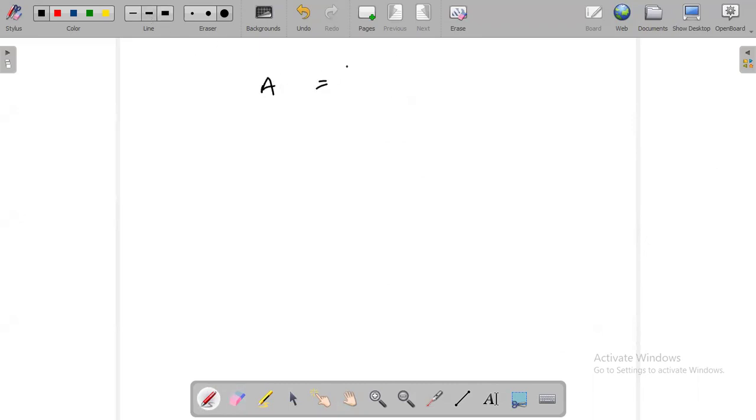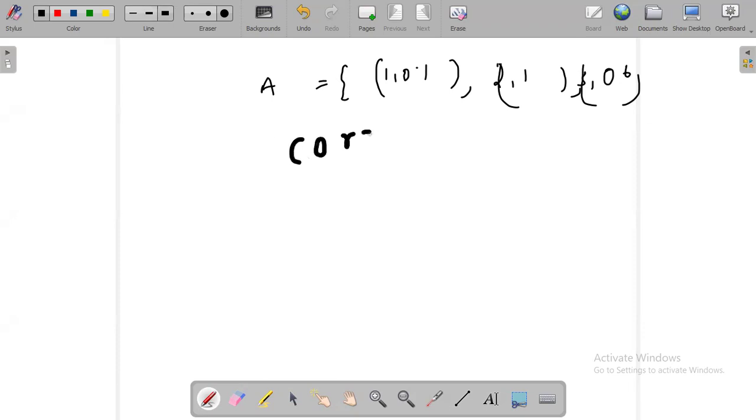Suppose I take the same example, A equals (1, 0.1), (2, 1), (3, 0.6). These are tuples. Now if I take only the core, the core will be (2, 1). Clear? What is normality? I'll write it here.